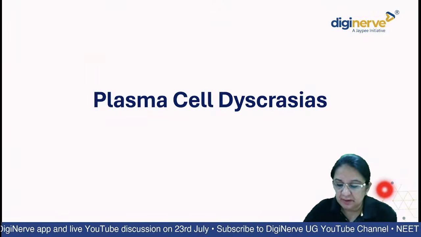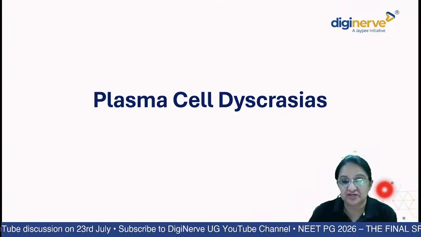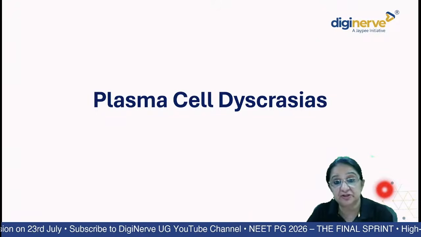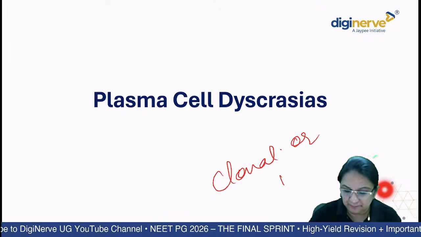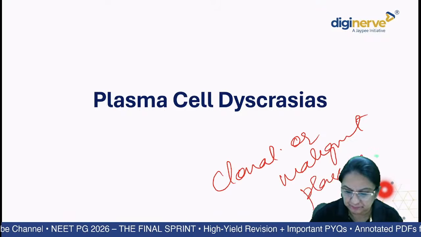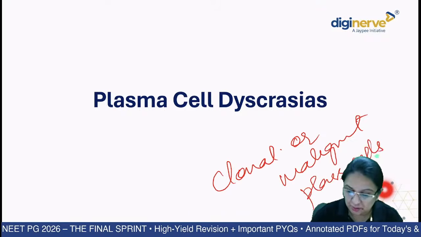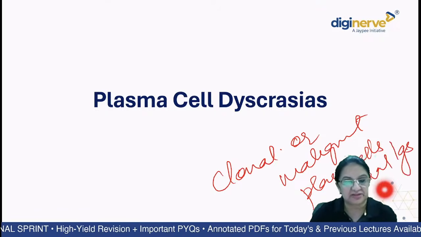Okay. Plasma cell dyscrasia is basically a group or spectrum of disorders where there is proliferation of clonal or malignant plasma cells, which produce monoclonal immunoglobulins. All right.